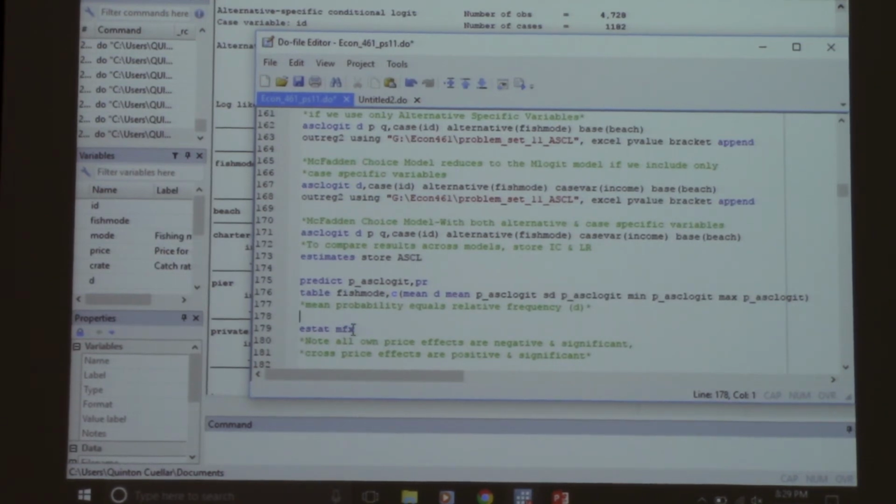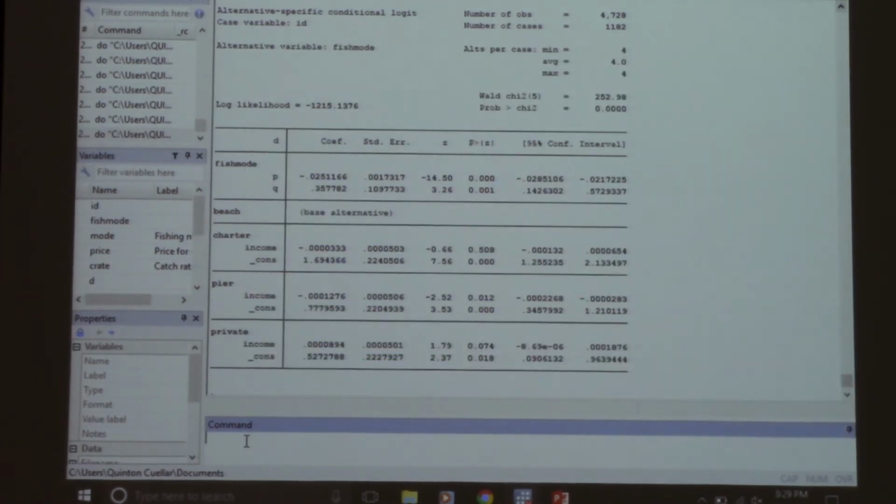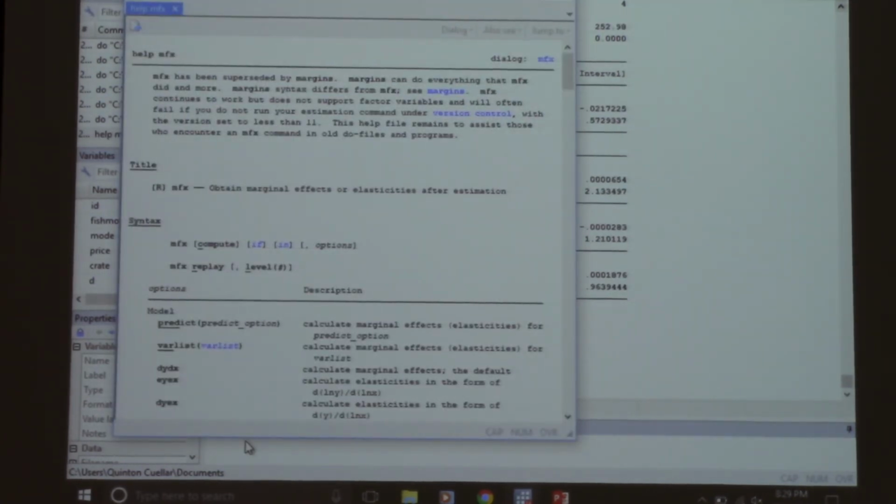So MFX stands for marginal effects, and if you type help MFX, it tells you exactly what's going on. MFX has been replaced by margins. Margins is better, it does more stuff, it has margins plots, it's easier to use, it's better in every way, shape, and form, unless, of course, margins doesn't work, which it doesn't. And it doesn't work for our alternative specific conditional logit model.